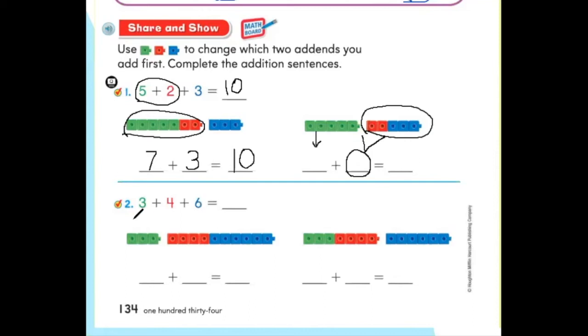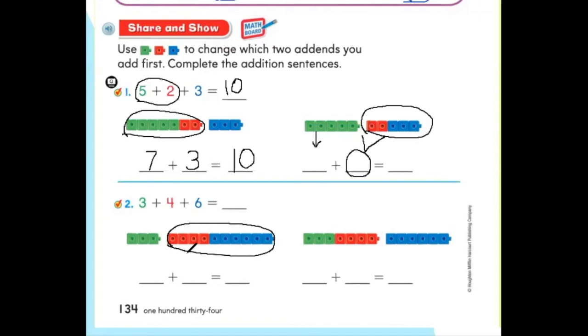For number 2, it says 3 plus 4 plus 6. You are also going to use the cube trains to help you know which 2 addends to add first. For example, on this first one, circle the cube train that is put together here.